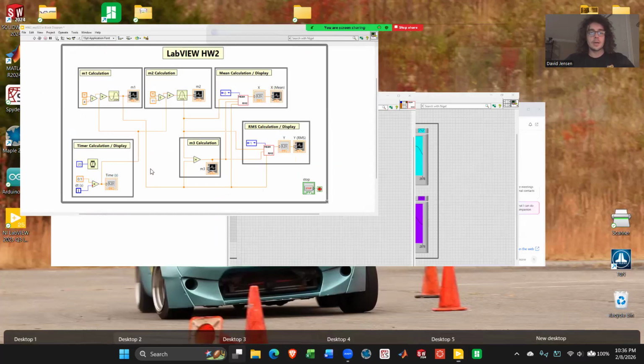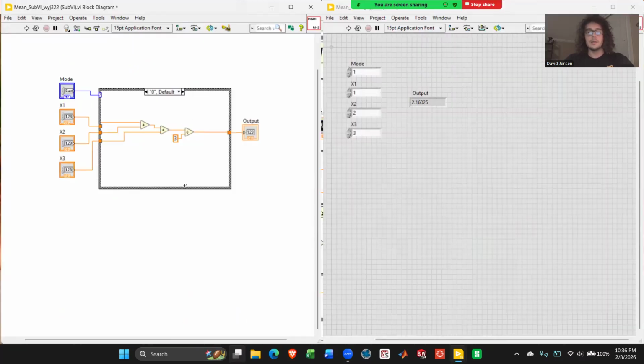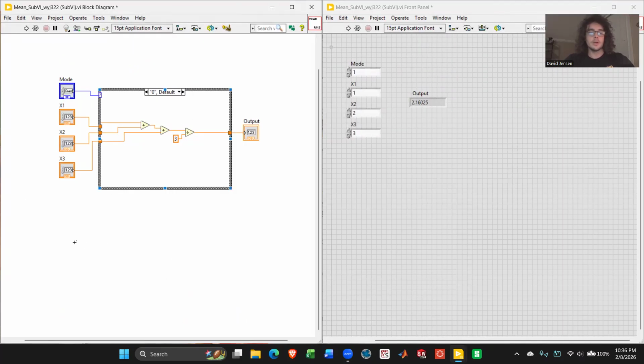So starting out, we're going to talk about the sub VI, which is shown here. On the left, we have the block diagram for the sub VI, and on the right, we have the front panel. On the left here, we used a case structure that will alternate the case between the mean and the RMS logic.